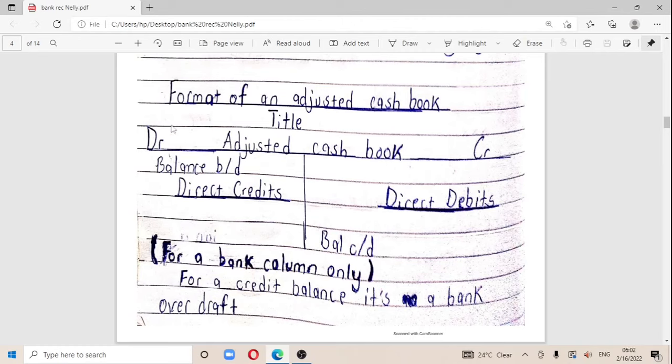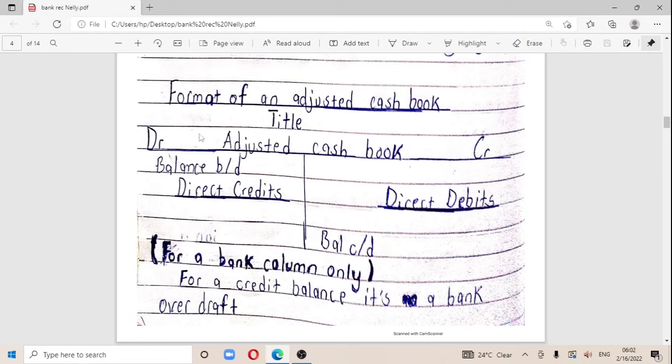So whenever you're having a debit this side and a credit this side, remember where it is missing. I already told you in the question where it's missing. We are having direct credits appearing on the credit side of the bank statement, but without a corresponding debit side on the cash book. So where it's missing is where you take it. It was missing on the cash book, so I put it under the adjusted cash book, on this side.